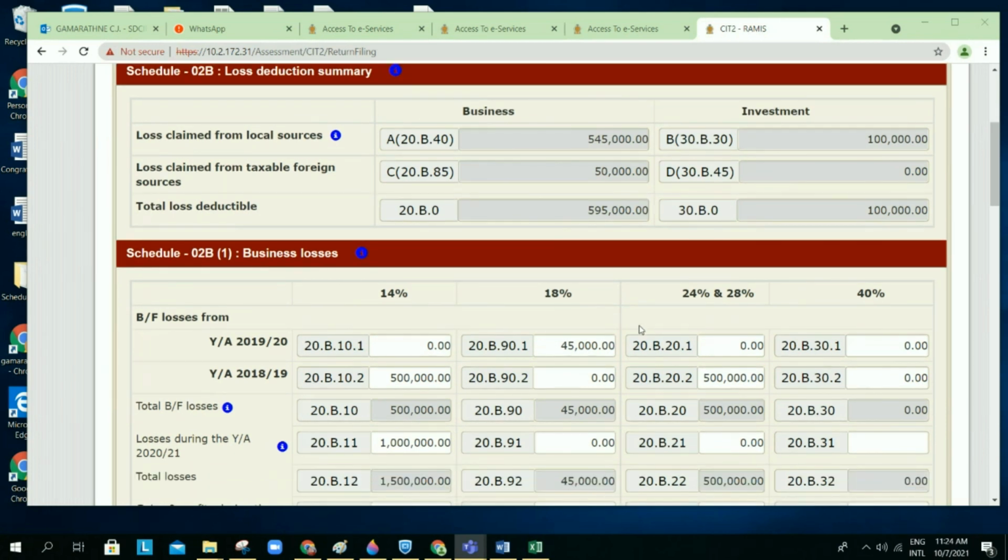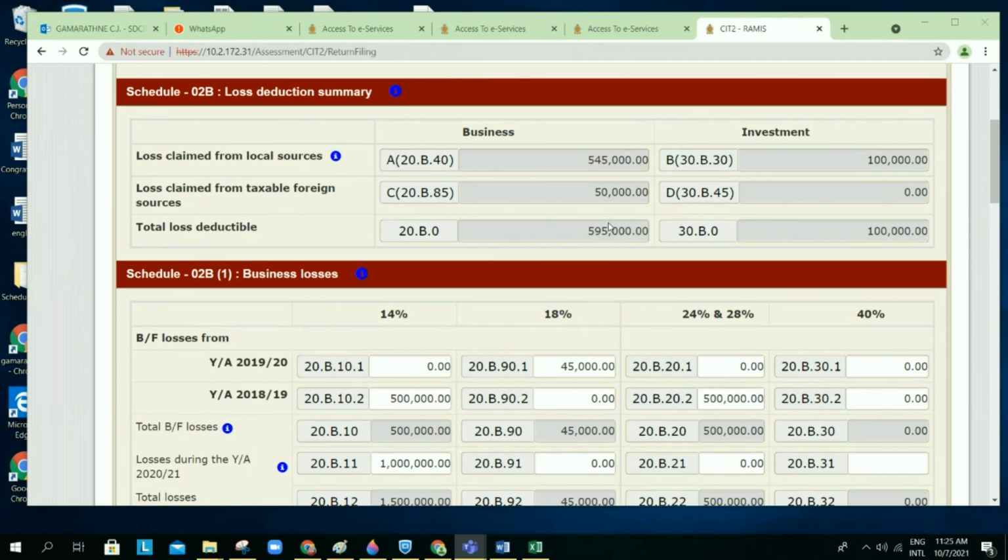We try to provide information, alert messages on mistakes, business rule calculation, auto calculation, and mainly the loss schedule structure. We have tried to mitigate the complexity. Then the top part is the summary.